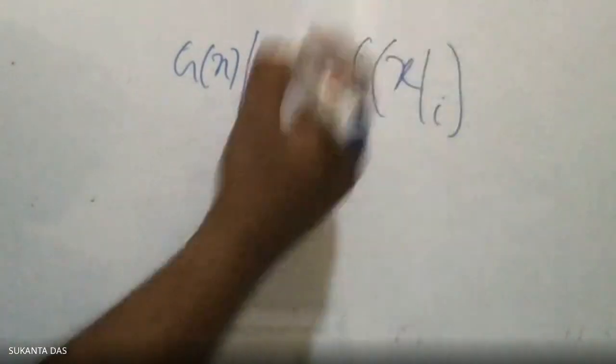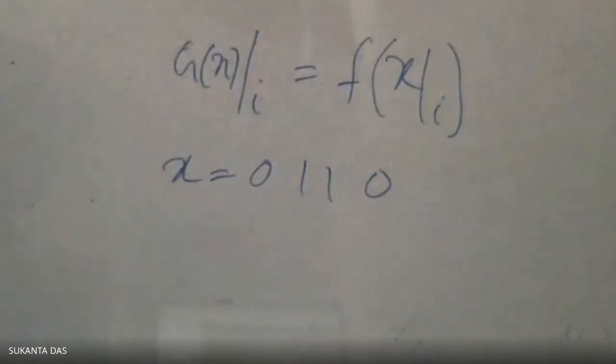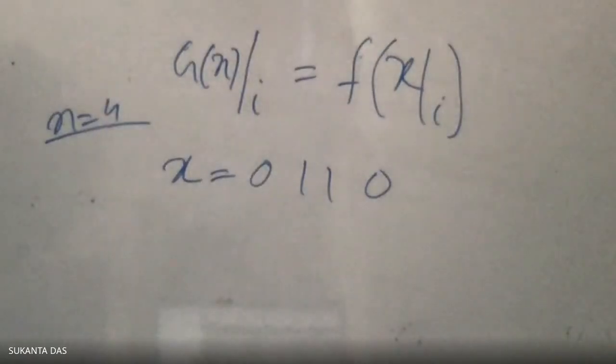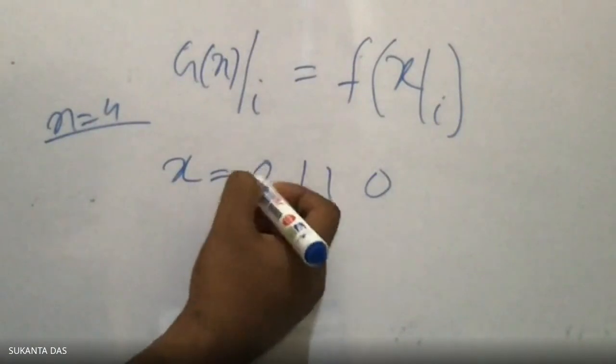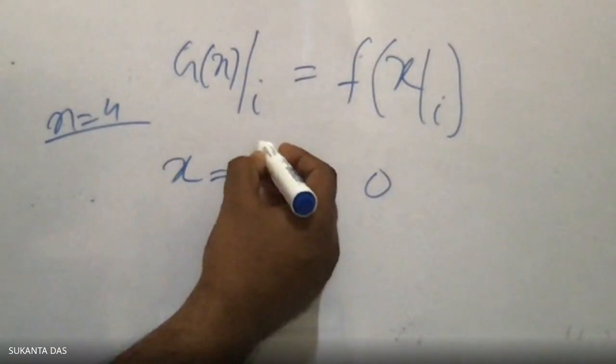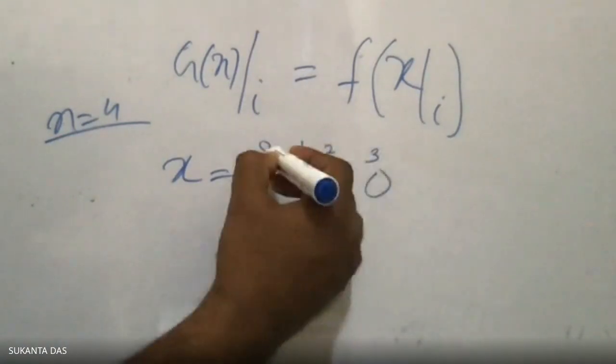Suppose x equals, say, 0, 1, 1, 0. Say n equal to 4 I have taken. So this is a location number. If I consider it an ordered one, this is the first location, second location, third location, fourth location. In this way, I can number.